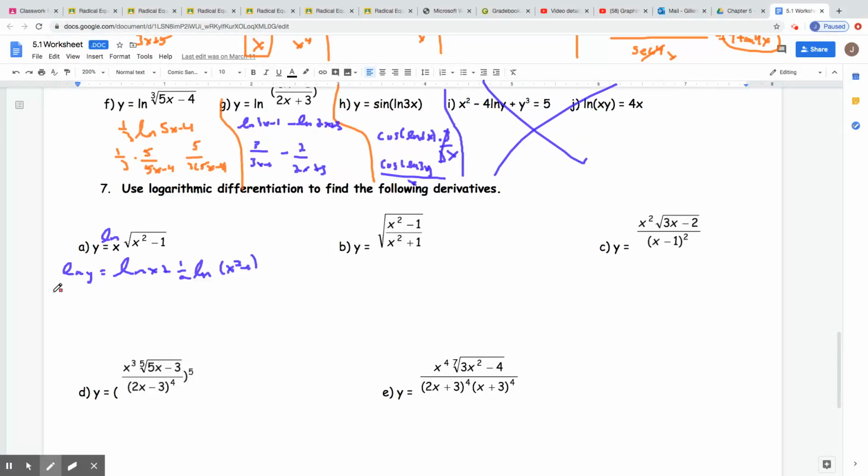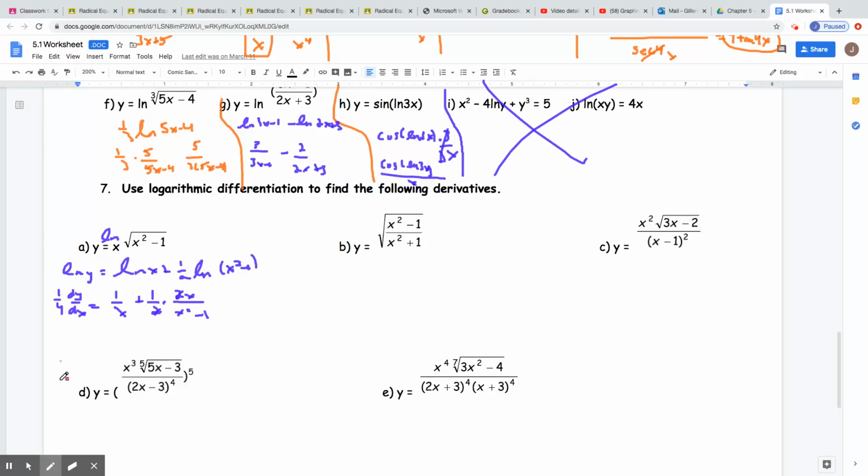Remember, this side here turns into 1 over y dy over dx equals, then you take the derivative of each of these. The natural log of x is just 1 over x, plus 1/2 times the derivative of x squared minus 1, which is 2x over x squared minus 1, and these 2's would cancel. Then you multiply both sides by y.